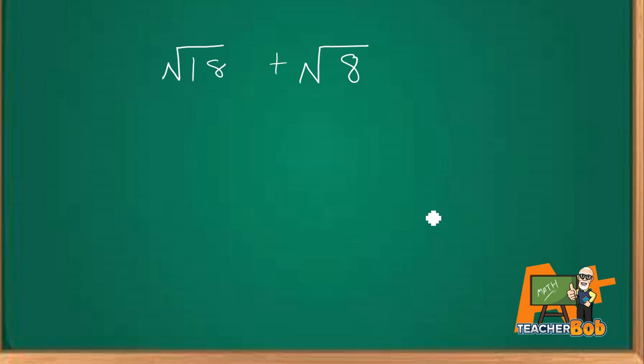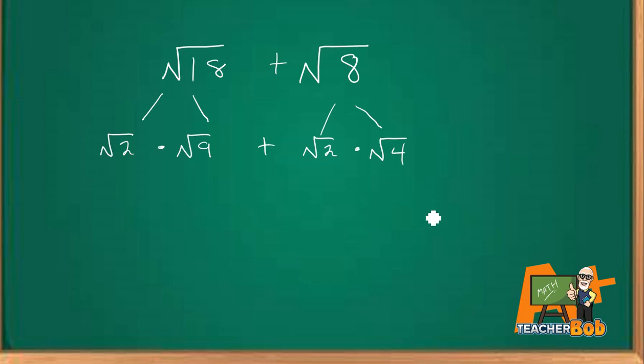So let's break down the square root of 18 to, well, square root of 2 times the square root of 9, plus, we can break down 8 into, well, I know 2 times 4 is equal to 8, and 4 is a perfect square, so the square root of 2 times the square root of 4.